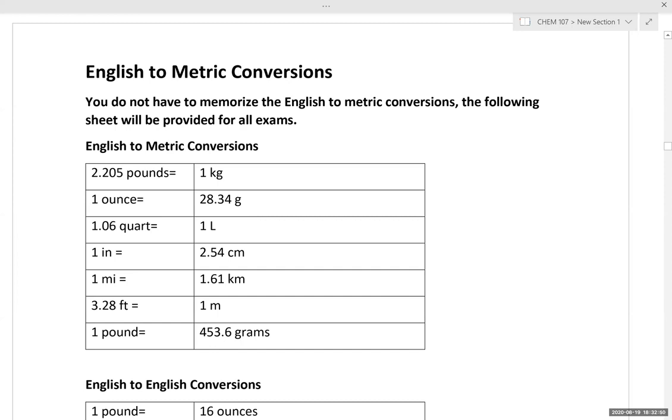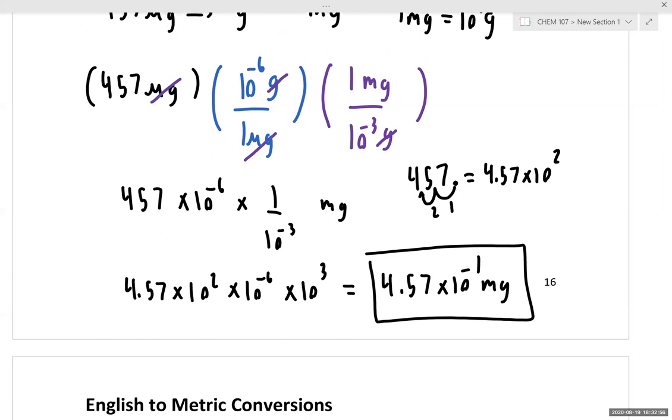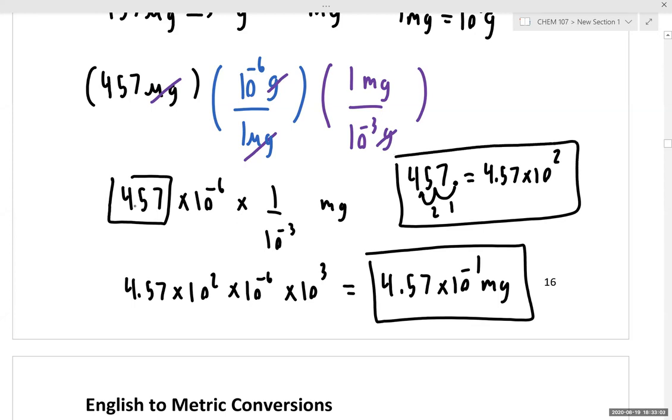So starting off, the 4.57 times 10 to the second is I'm just showing the student how I processed and wrote out my starting input of 457 in scientific notation. Once I have my number written in scientific notation, I added up my powers of 10 from my unit conversion expression.